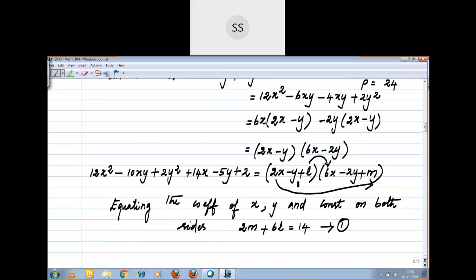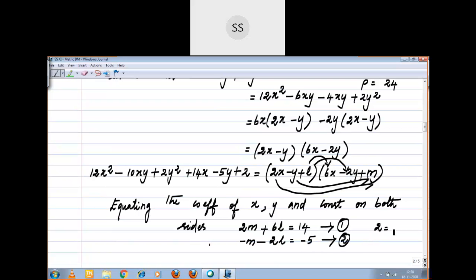Next, coefficient of y. For your easy understanding, I am explaining like this. Y you have to multiply with M, then you will get minus M, minus 2L equal to minus 5.